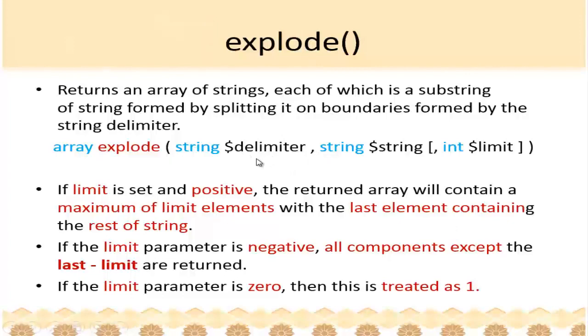So you specify the delimiter within the string. The delimiter usually in a string is a space separation. So if you take this as a string, there is a space separation here. If you want to convert it, you say the delimiter is a space, and the string, and how many elements you want converted into an array. So this is the limit. Out of this, do you want all of them or only a few elements? So this is the limit that you are specifying.